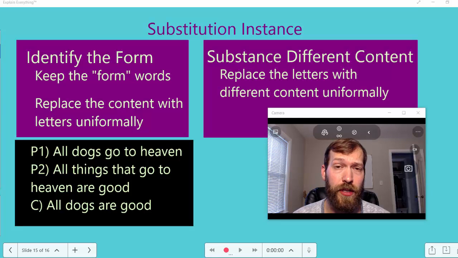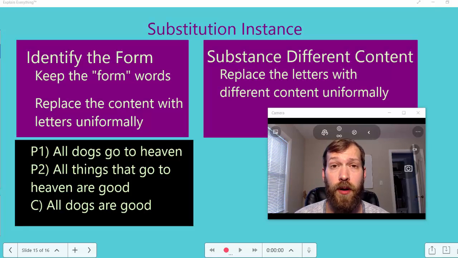For categorical syllogisms, there's many of them. There are a few anyways. So all, every, no, some, are, and are not are the form words. And then the content that you find in between those form words. So for instance, let's say no snakes are mammals, for instance.